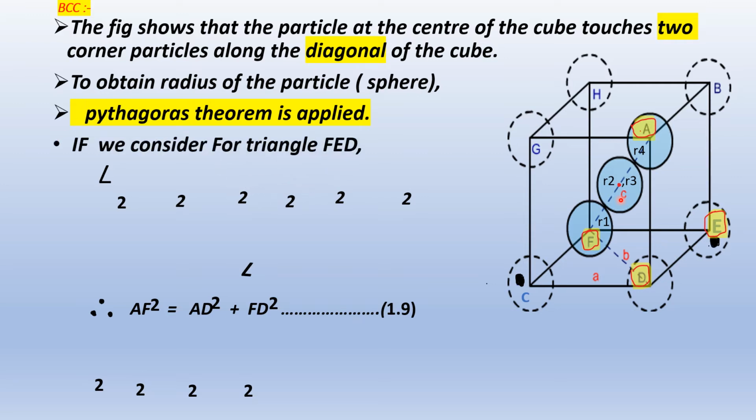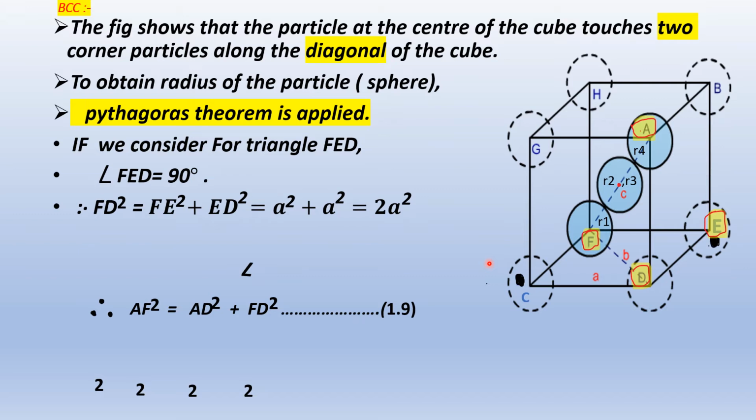If we consider the triangle FED, with the angle between them equal to 90 degrees, a right angle, then by the Pythagoras theorem the hypotenuse square FD square is equal to FE square plus ED square, equal to A square plus A square.